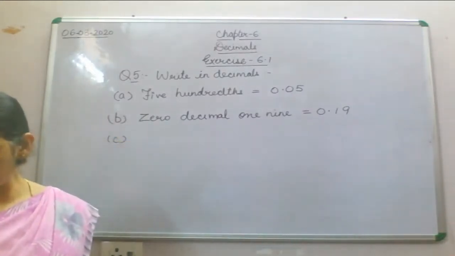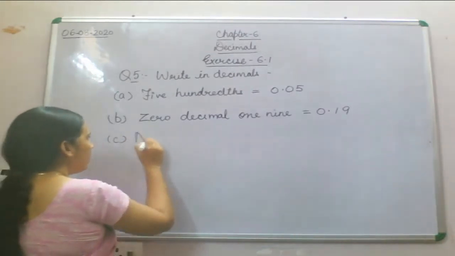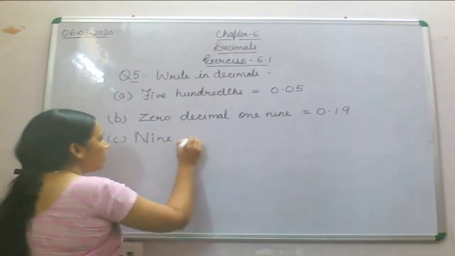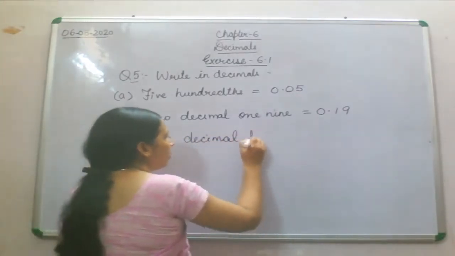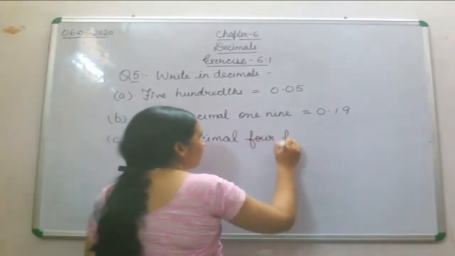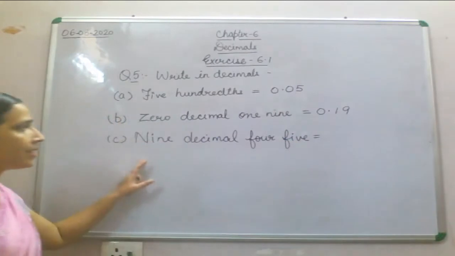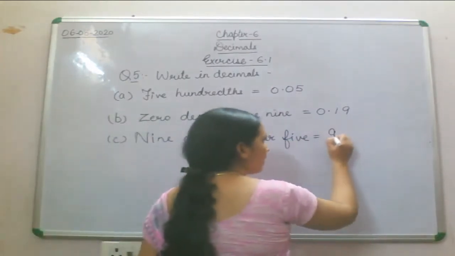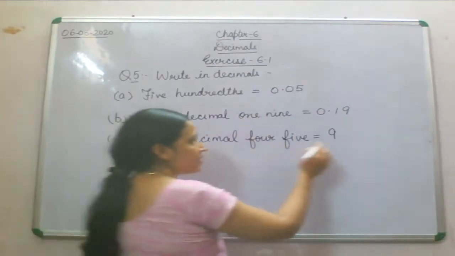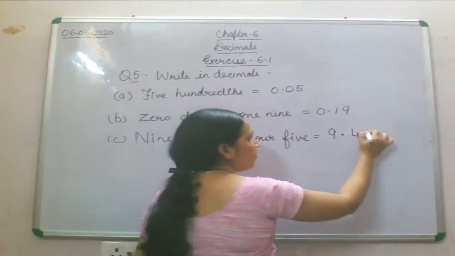Fine. Now C part is 9 decimal 45. What is this? 9 decimal 4 5 means 9, then put a decimal, then 4, then 5.